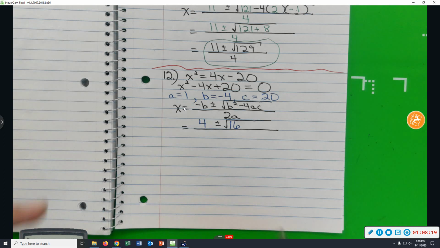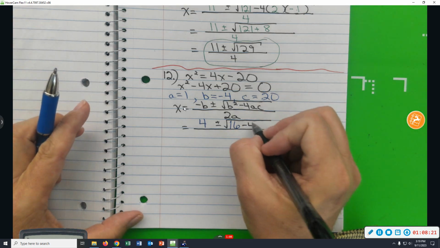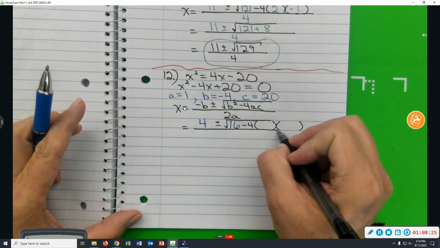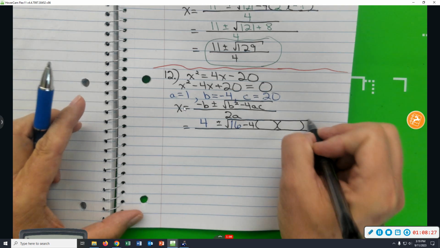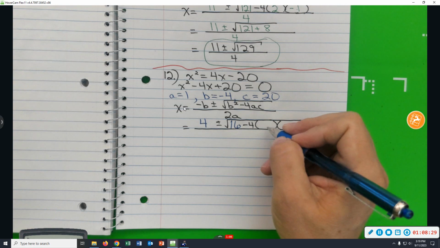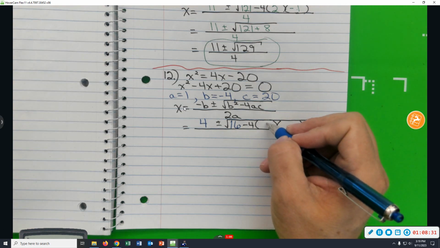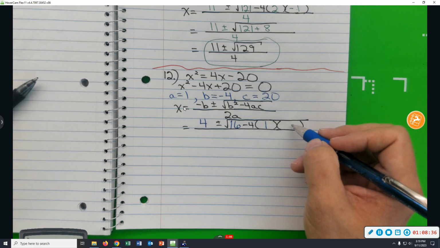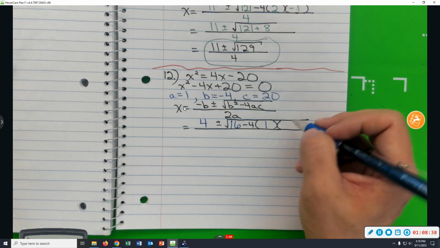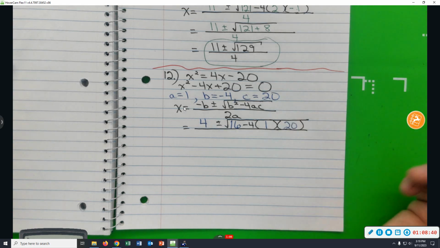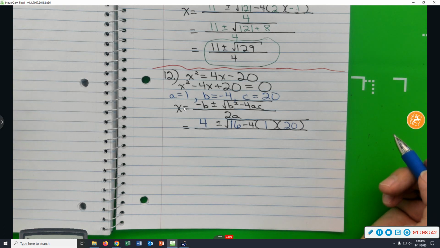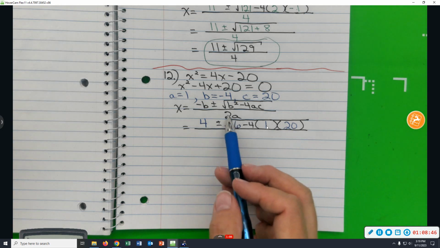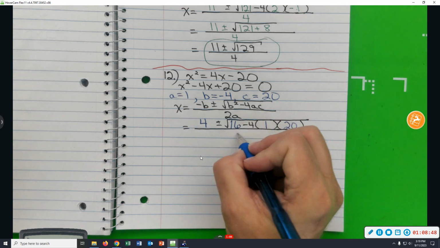And then minus 4 times A times C. What goes here? 1, okay. Here, 20, I agree. 2 times A. 2 times 1 is just a 2. I agree.